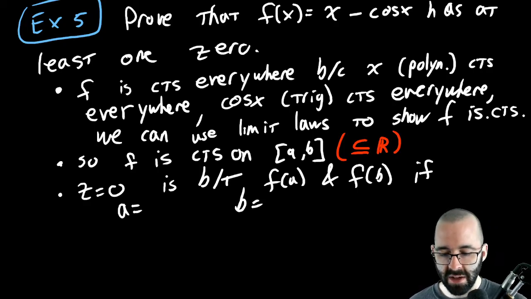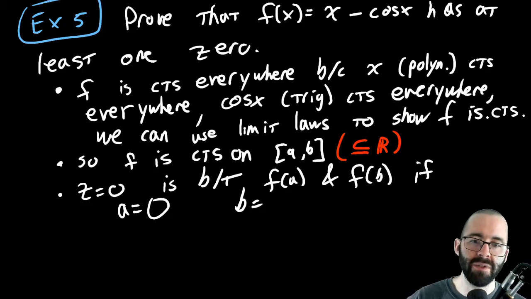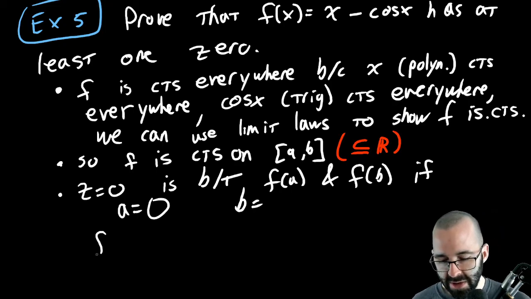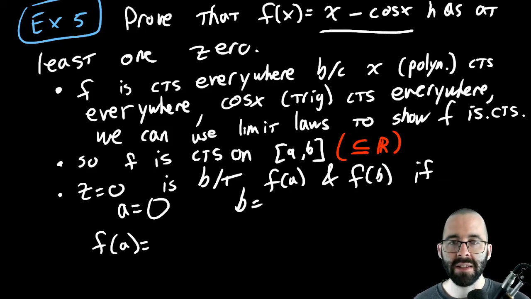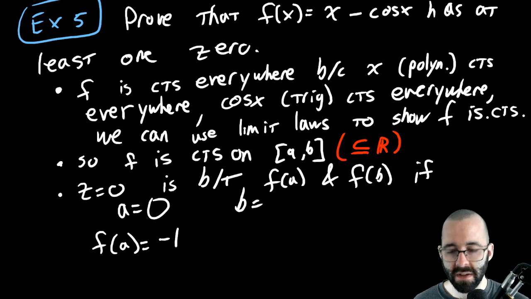So let's just start off with 0, because they have to be opposite function values. For the first point, it literally doesn't matter. The second point just needs to be opposite of the first for that y value. So if a is equal to 0, f of a is 0 minus the cosine of 0, which is -1.